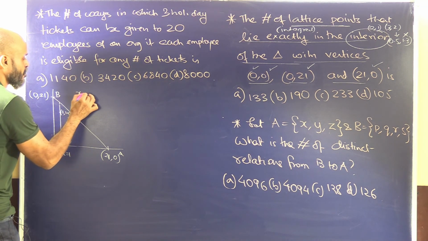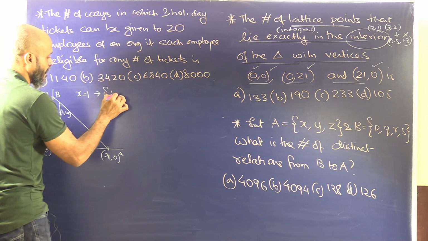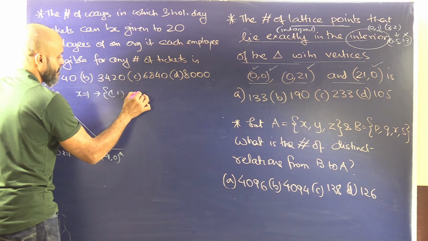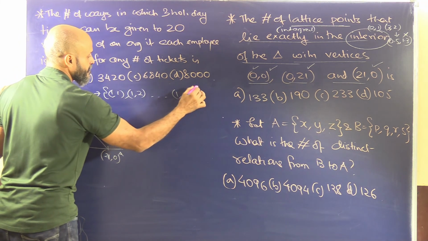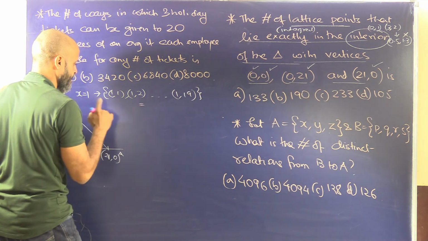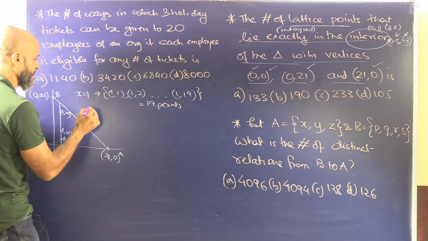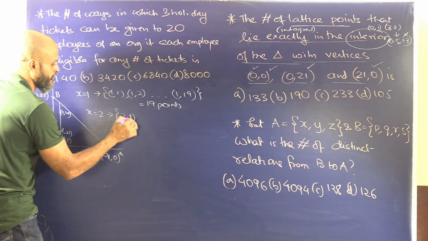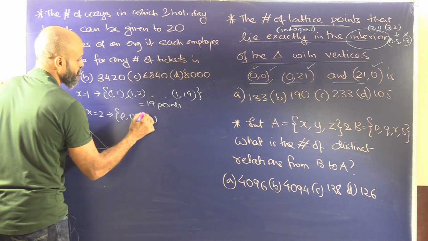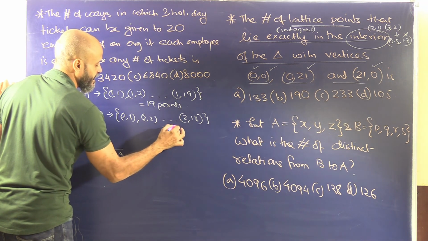So along x equals 1, what points can be included? (1, 1), (1, 2) till (1, 19). How many points are there here? 19 points. Similarly, if I take the line x equals 2, what points will I have? (2, 1), (2, 2) till (2, 18). So we will have 18 points, and so on.